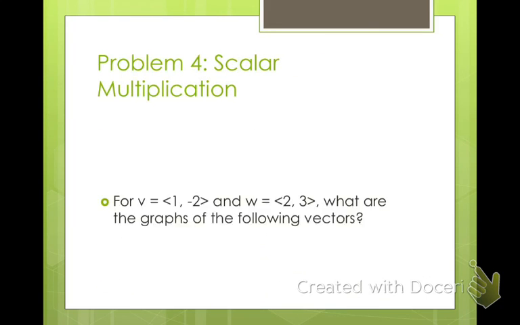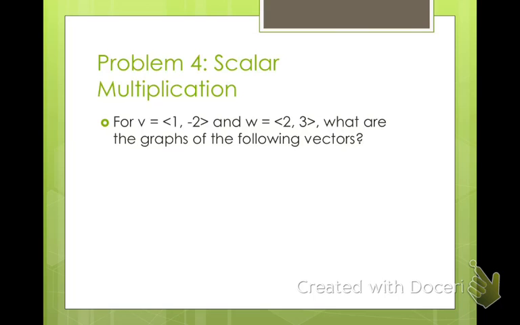Okay, for scalar multiplication. So we have v and 3v. So they want us to graph that. So if v is ⟨1, -2⟩, there's 1v. If we wanted to do 3 of those, we go right and down 2 more, and right and down 2 more.